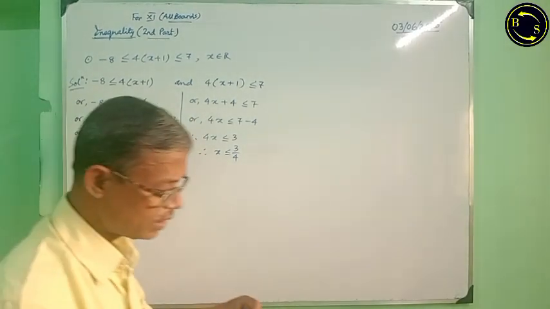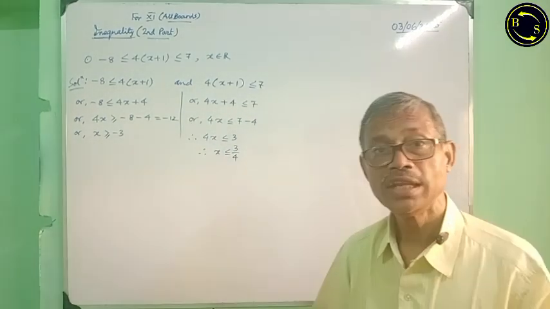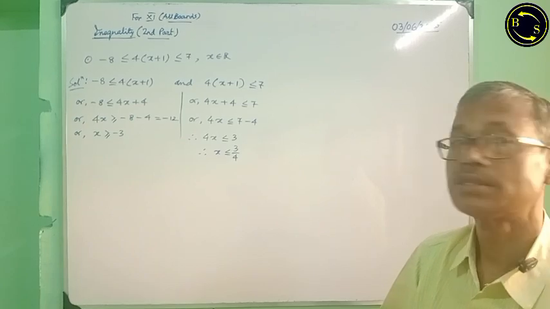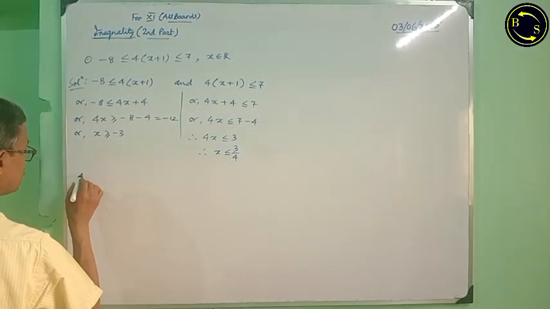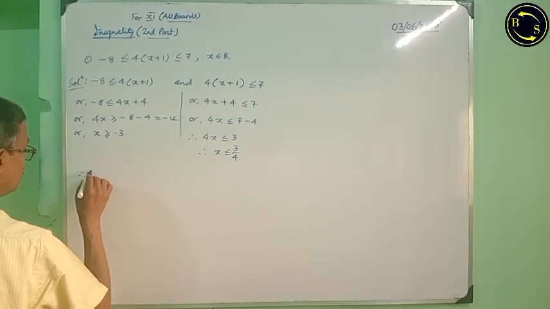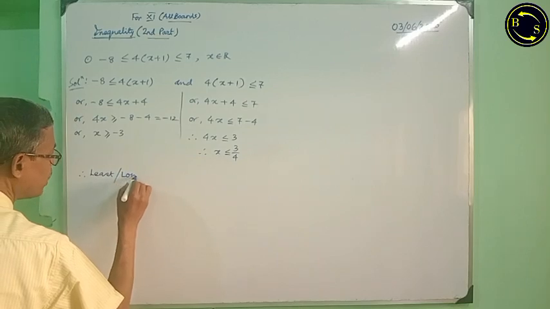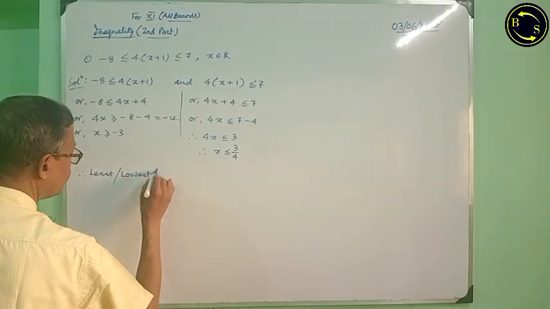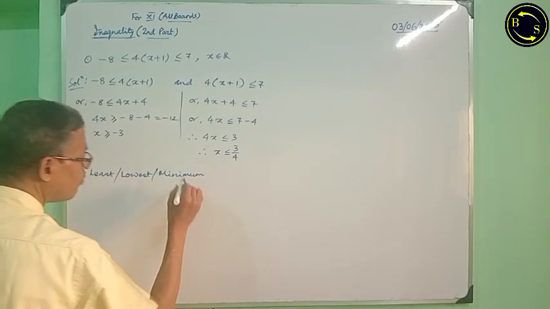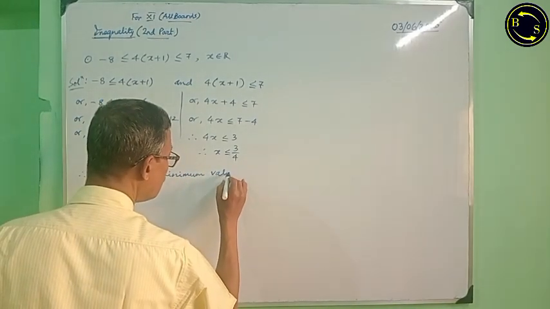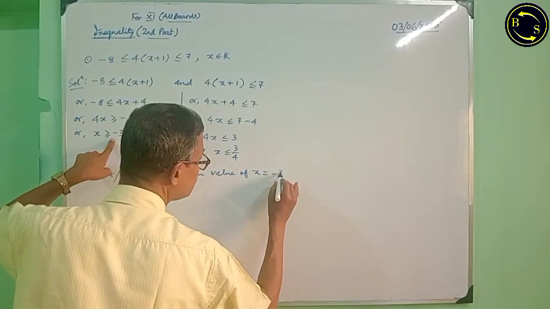Now from this question, sometimes you may find the least and greatest value of x. For that part, answer will be like this, therefore least or lowest or minimum value of x is equal to this one, minus 3.